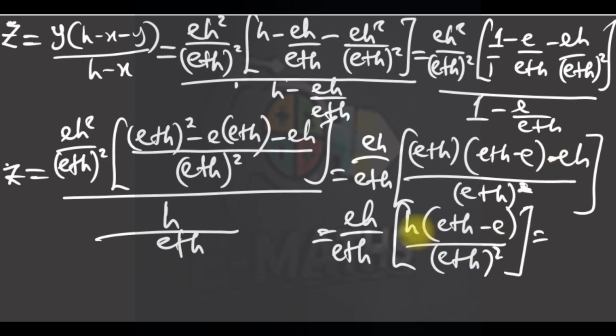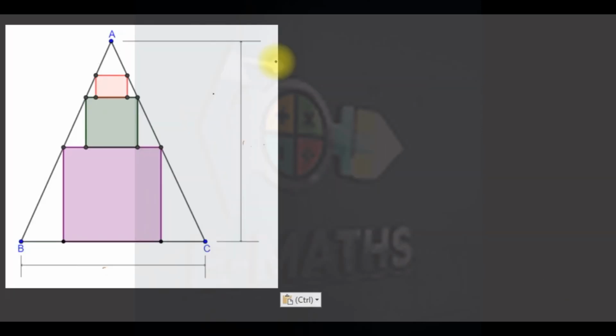So this is now h times h squared times that, so we have eh raised to power 3 over e plus h all raised to power 3.